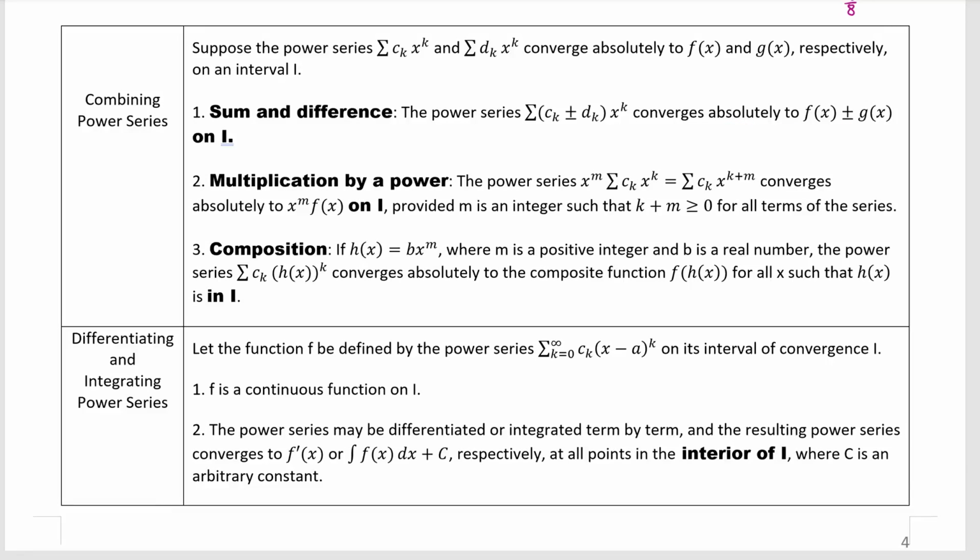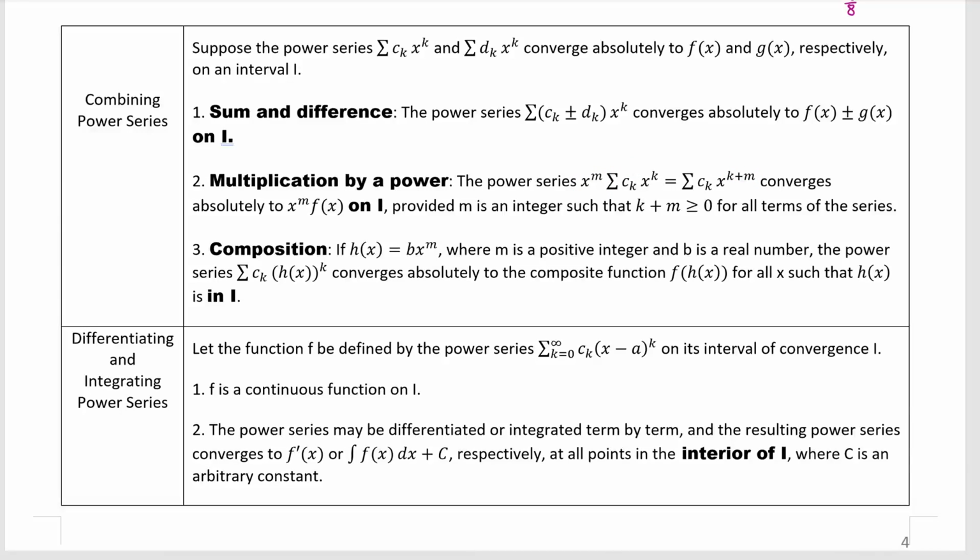Okay, so we can add or subtract two power series, and then they will converge to the sum or difference of those functions. Okay. Second property, multiplication by a power. When we multiply by a factor x to the m, we can move this inside and combine the exponents. It becomes x to the k plus m.